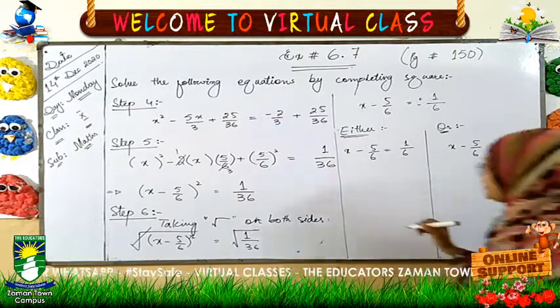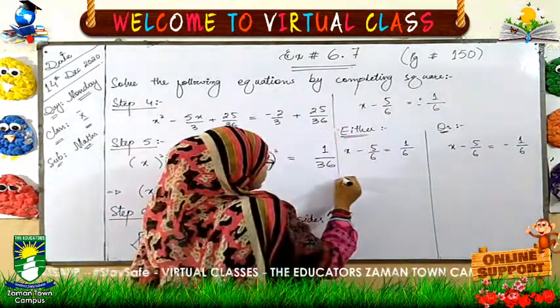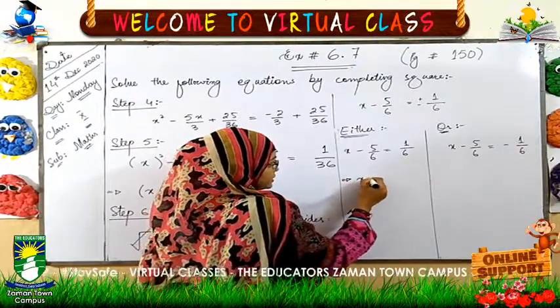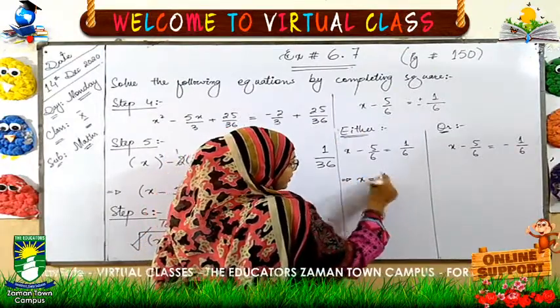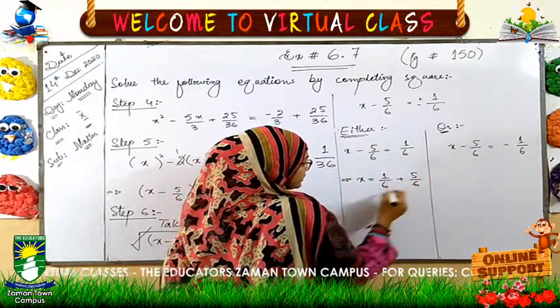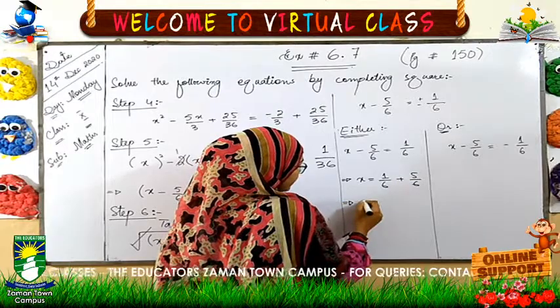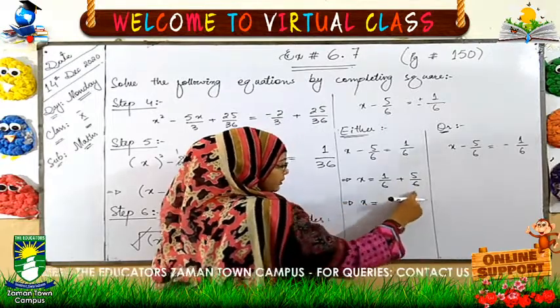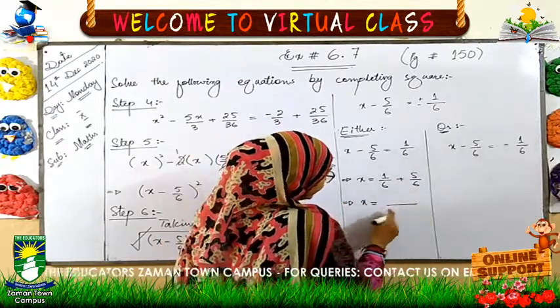Now we have to find the value of x, the solution set. So x is equal to 1 upon 6 plus 5 upon 6, as the minus 5 upon 6 shifts to the opposite side. The denominators are the same, so we will add directly.